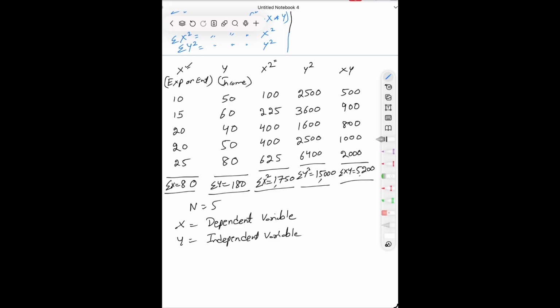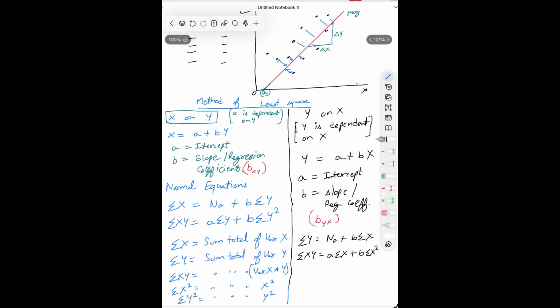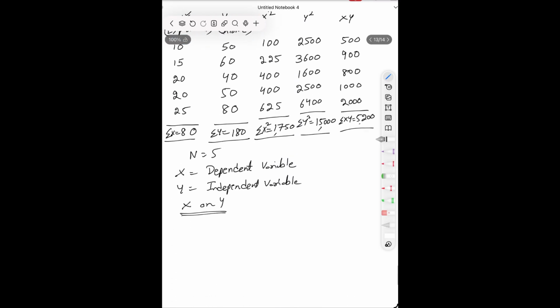In effect, we have to find the equation of x on y. Remember, our equation of x on y is x is equal to a plus by.